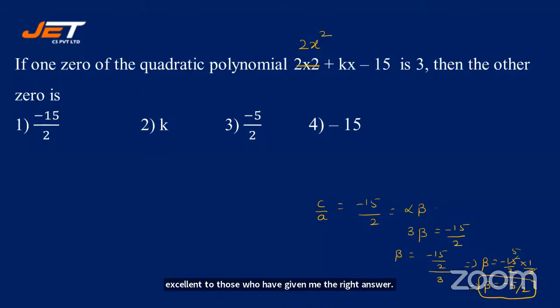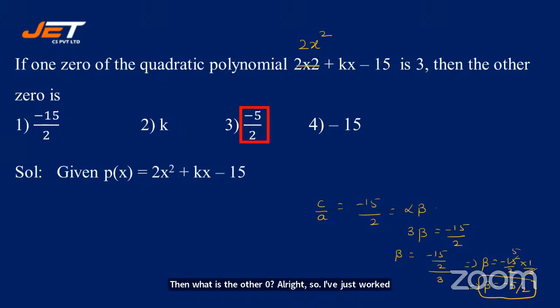If one zero of the quadratic polynomial 2x squared plus kx minus 15 is 3, then what is the other zero? I've just worked it out for you. The answer is the third option, minus 5 by 2. How? We are taking p of x as 2x squared plus kx minus 15.